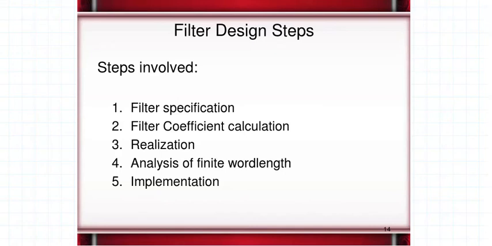The fourth step is analysis of finite word length, and the fifth step is implementation. These are the common steps involved in filter design, let it be an FIR filter or an IIR filter.